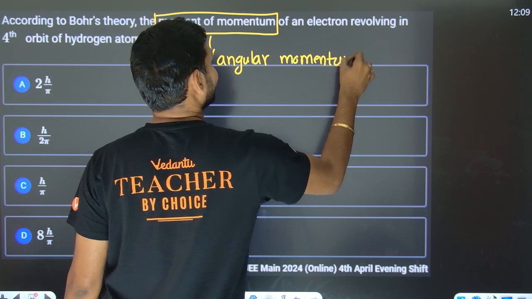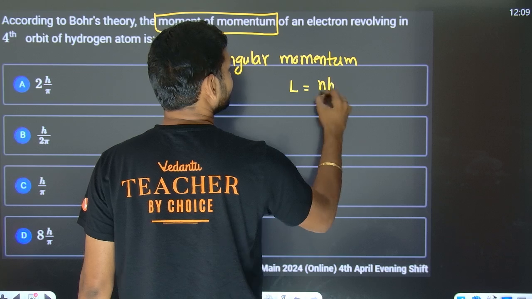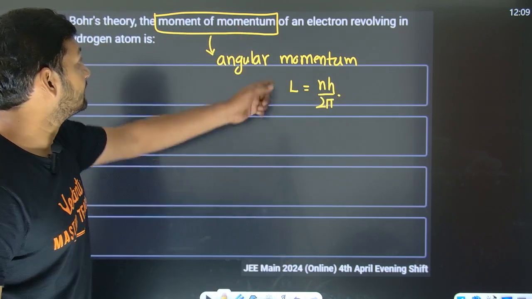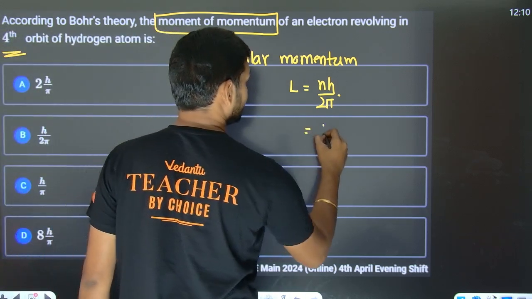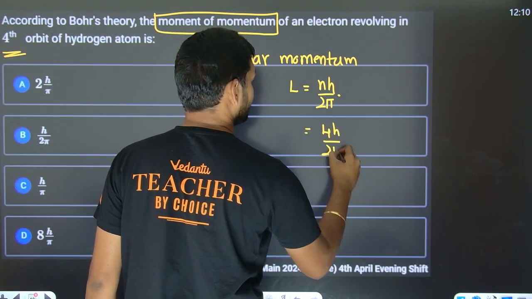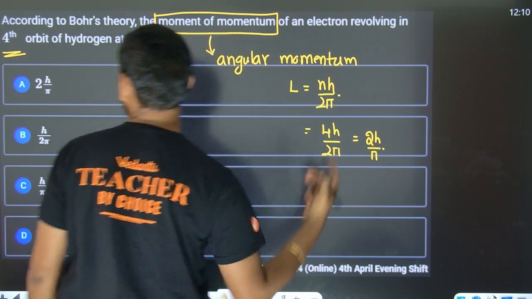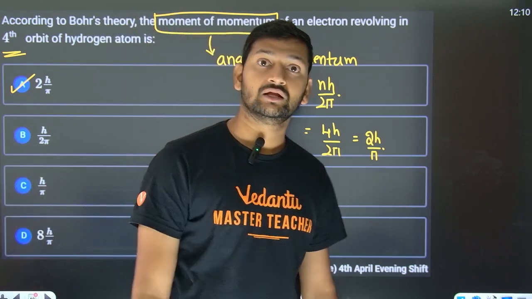See, angular momentum is going to be nh by 2 pi. So moment of momentum is nothing but angular momentum. In which orbit? Fourth orbit. So you put 4 into h by 2 pi, which will turn out to be 2h by pi. So the angular momentum is going to be 2h by pi.